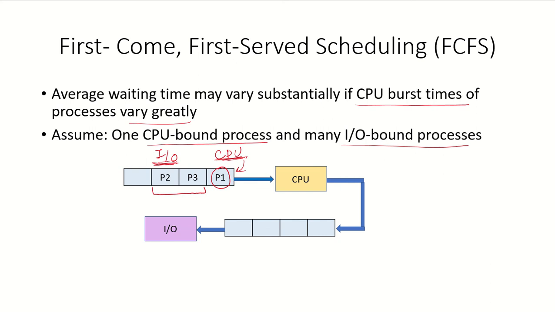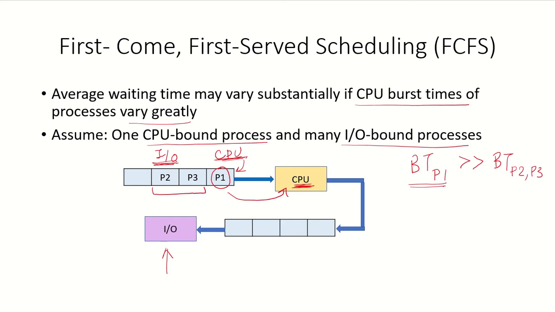That means the burst time of P1 is going to be much larger than the burst time of process P2 or process P3. So if P1 gets the CPU because it was the first in the queue to arrive and its burst time is large, it will be using the CPU for a very long time.